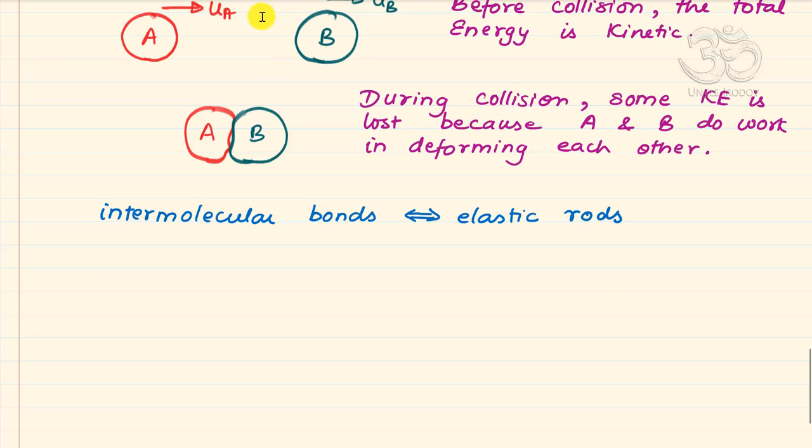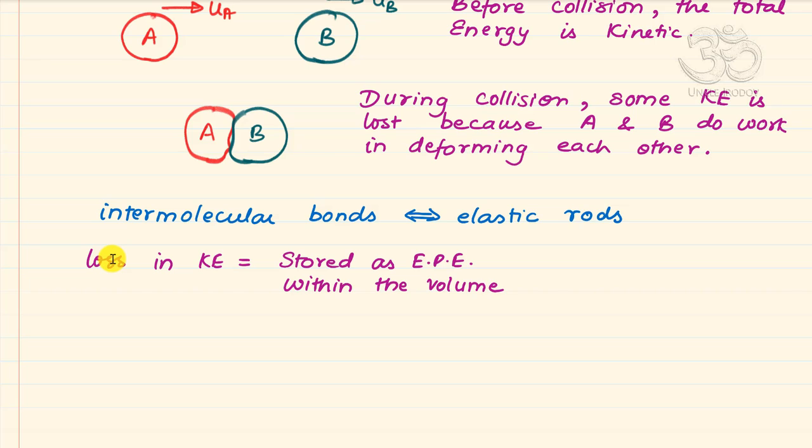So the loss in KE here, let's write that, the loss in KE is going to be stored as energy of deformation, let us say, or elastic potential energy within the material volume of A and B, plus some amount of loss will be used to deform them permanently.